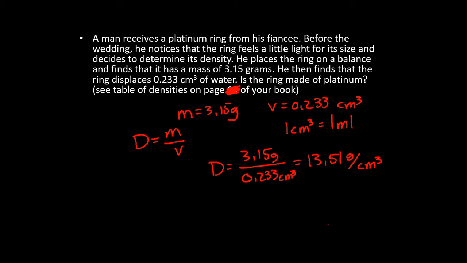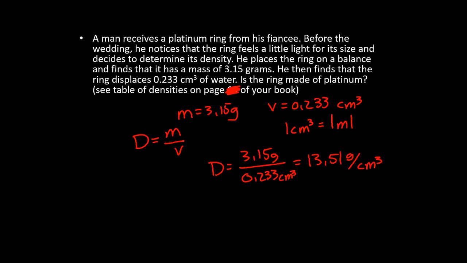And if you go to the book and you look up the density for platinum, what you will find is that is not the density of platinum. It is a decent bit less.